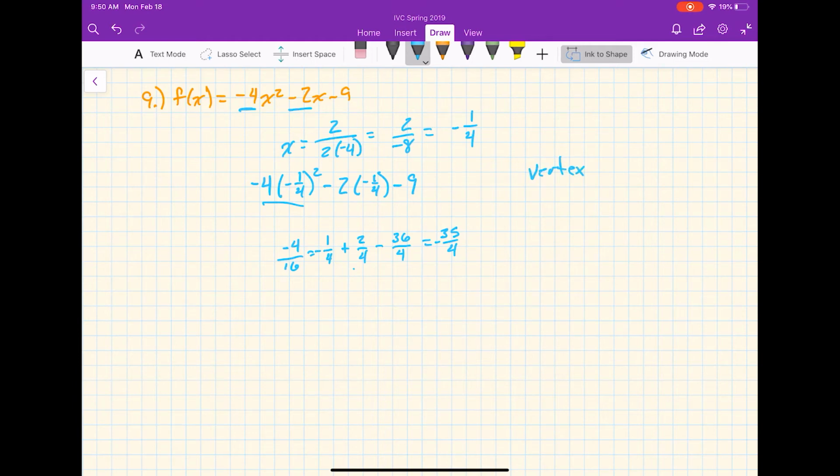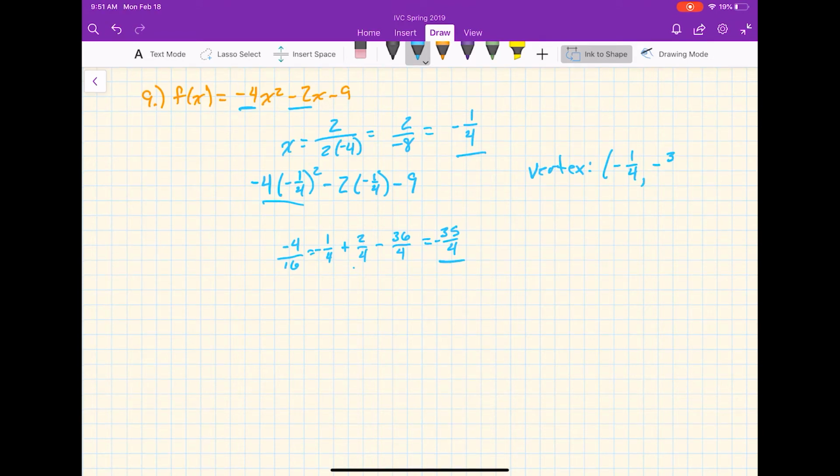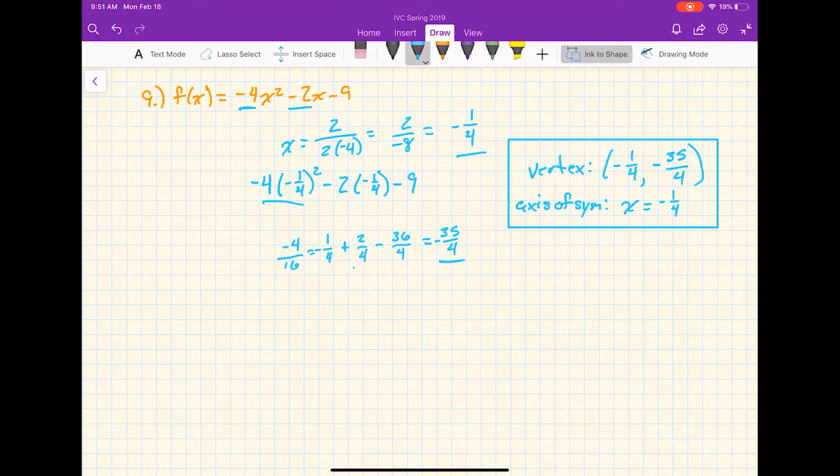So our vertex is negative 1/4, negative 35 over 4, which can't be reduced any further, so just leave it this way. And our axis of symmetry is the x portion of this ordered pair, which is x equals negative 1/4. And that is the answer for number 9. More yuck.